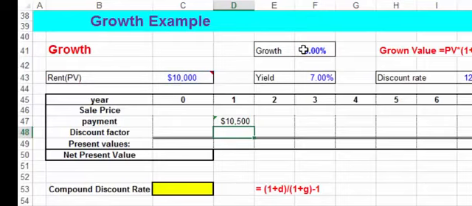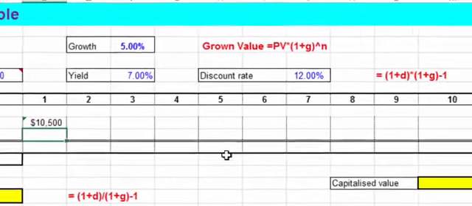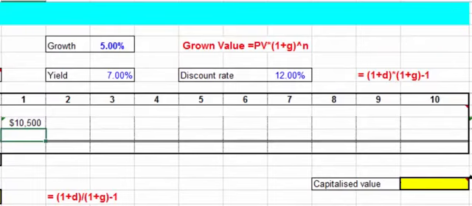That gives us $10,050. We'll leave that for the moment. We're going to work out the other rents shortly. But at this point, we can say that we really have the information now that we need to be able to capitalise the value. And so we'll come over now to the capitalised value.